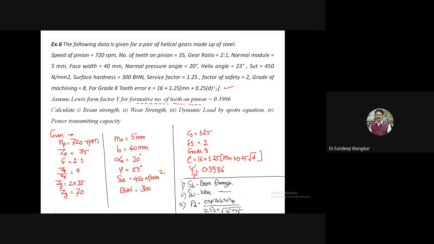And last one, number 4, is the power transmitting capacity in kilowatt. In the last numerical, we calculated the kilowatt by using P effective equal to CS PT by CV, the preliminary method. Now we will be calculating it by the accurate method, or we will call it the precise calculation. So directly write down the given. We will start with the beam strength, wear strength, and directly proceed to solving the numerical. I will give you 1 minute for writing this.